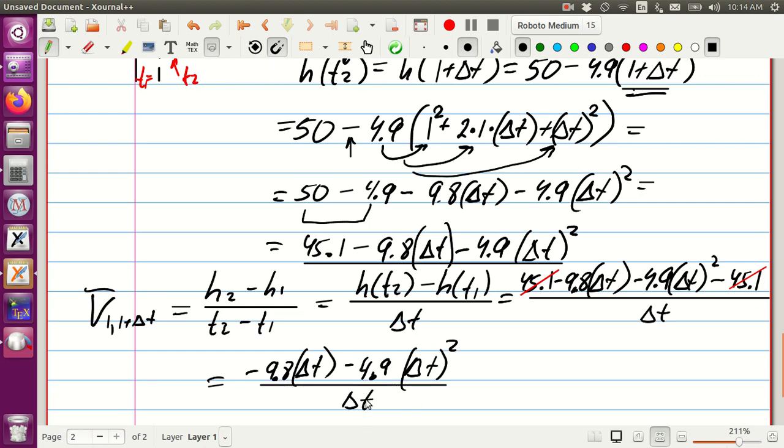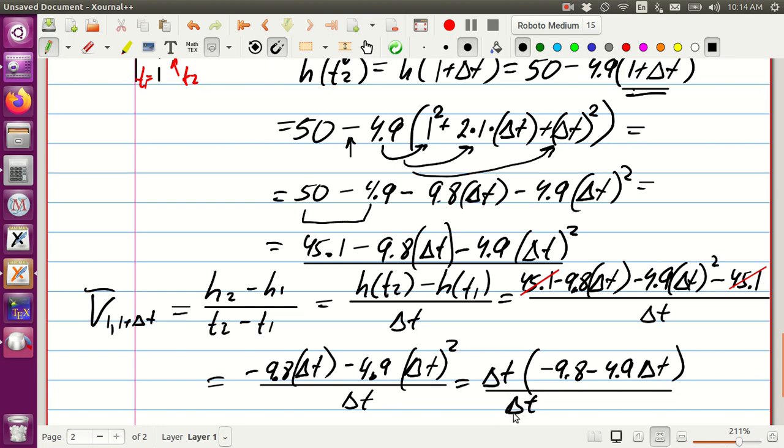And as before, we have to factor the common factor in the numerator. So we take delta t out. We're left with negative 9.8 minus 4.9 delta t divided by delta t. All right, so we have to justify that we can divide by delta t in this expression.